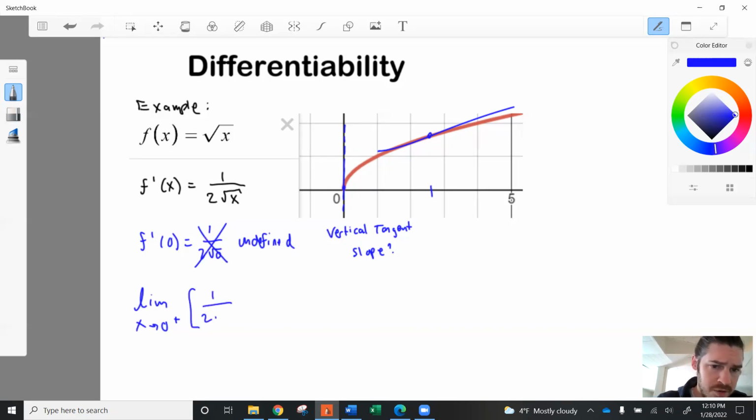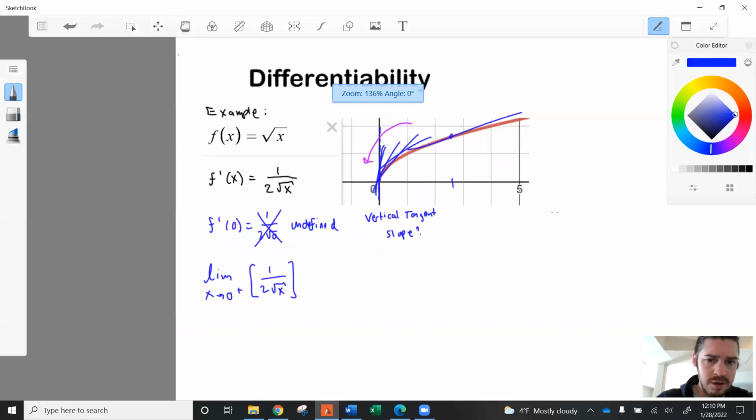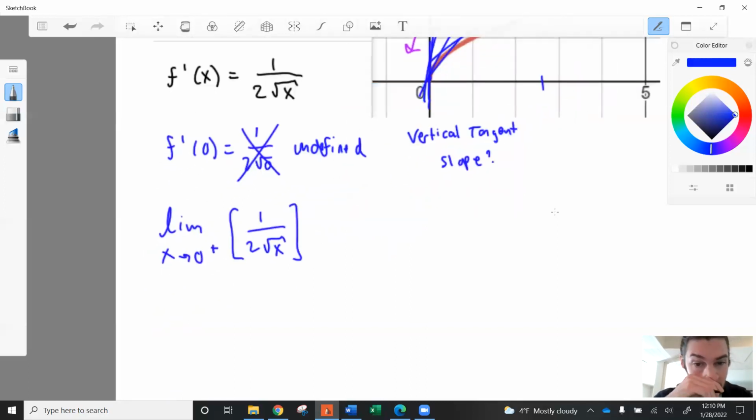It's 1 over 2 times the square root of x. Basically, what are the slopes if we come in from this side? What are these slopes going to be approaching as we get close to 0? That's the question. Well, this is something we should be able to figure out, using our strategies we've learned before.